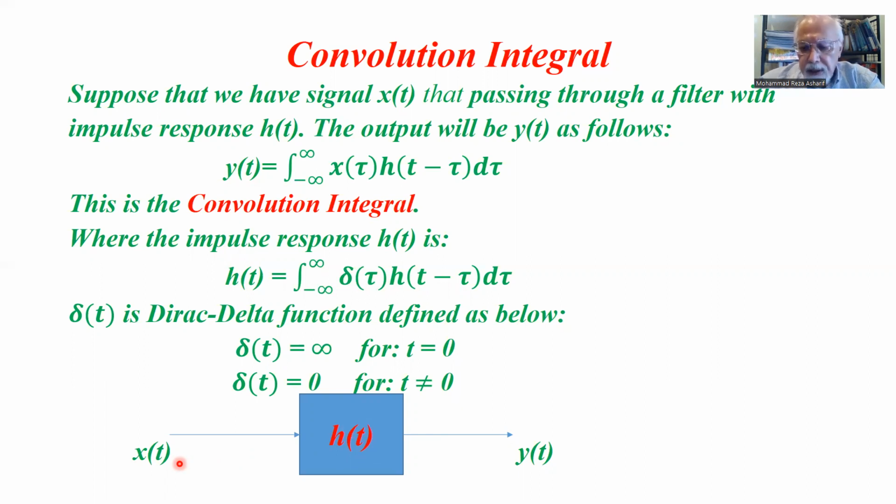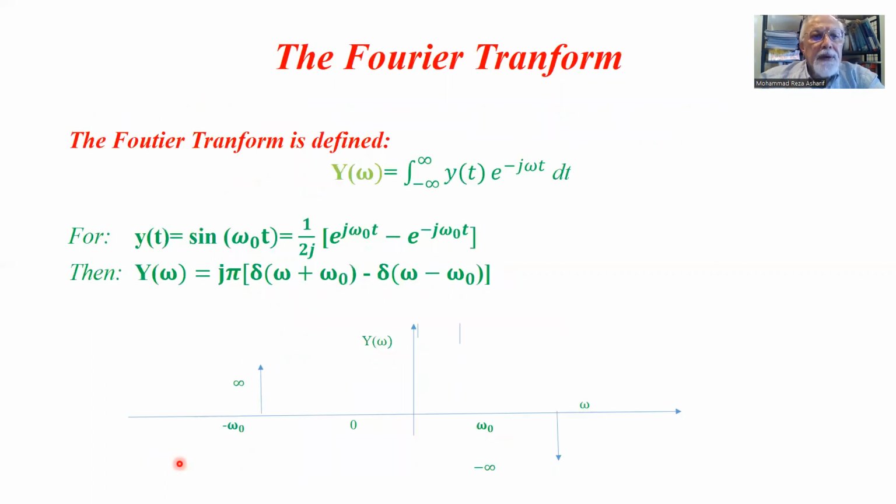And then in the next slide, I will show the Fourier transform of this. The Fourier transform is defined by this formula, the integral of y(t) e to the minus j omega t dt. So the time domain is converted to omega, which is the frequency domain.